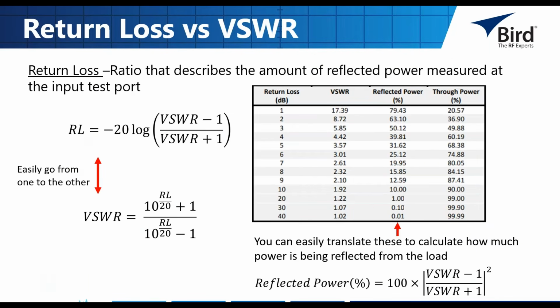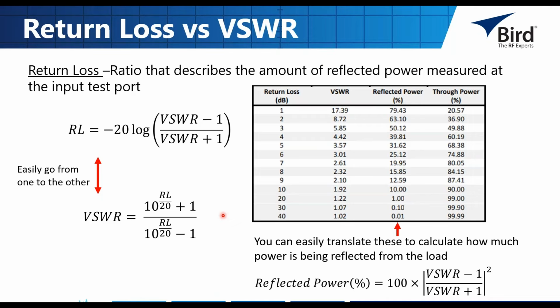Now, return loss is another quantity you'll commonly see used to express this reflection. And again, this is describing the ratio of the reflected power measured at the input test port. So before we were looking at that voltage standing wave along the line, now we're thinking in terms of the power we're measuring back at the test port.